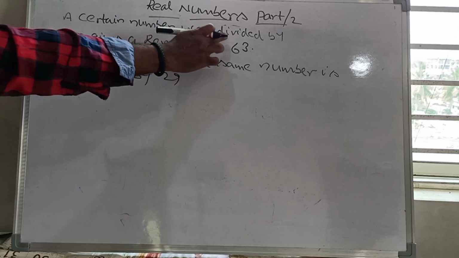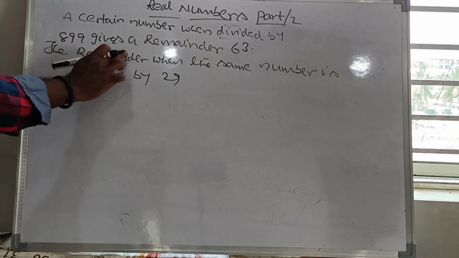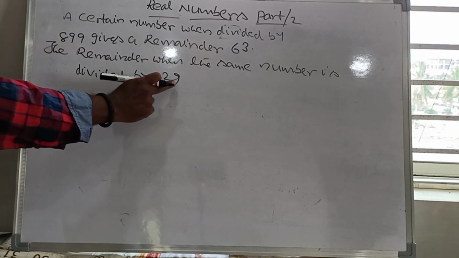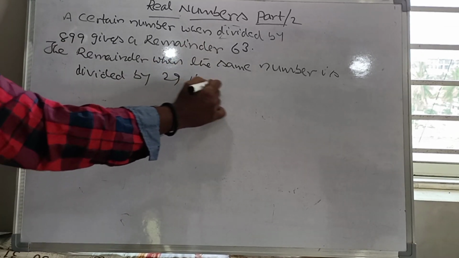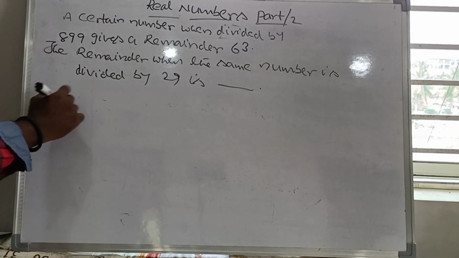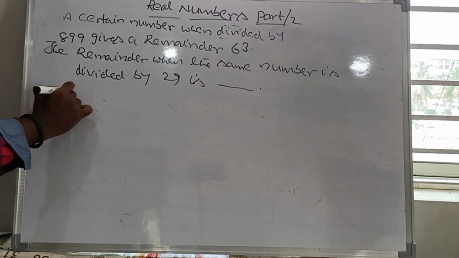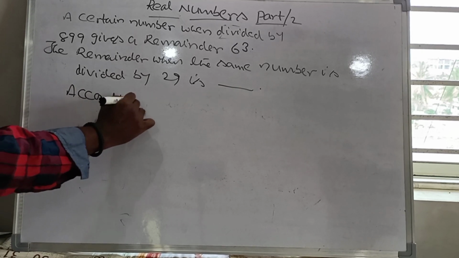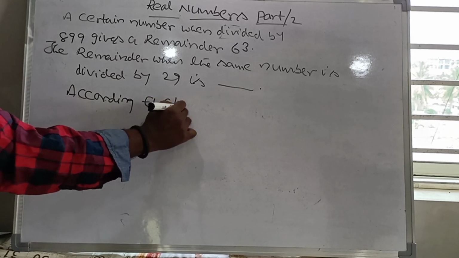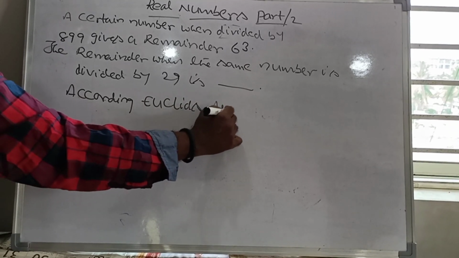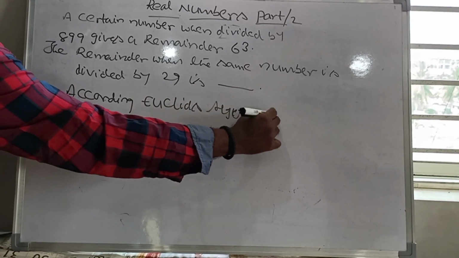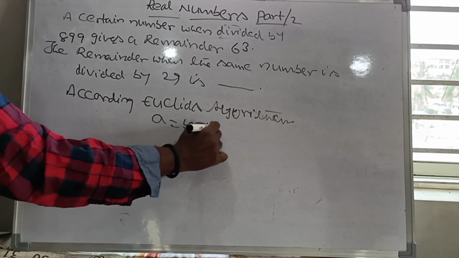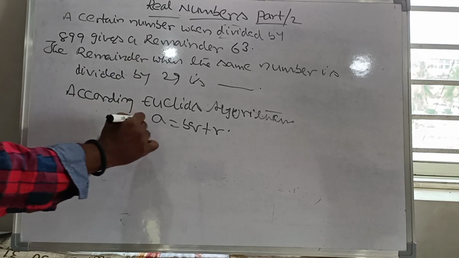A certain number when divided by 899 gives a remainder 63. What is the remainder when the same number is divided by 29? Here, according to Euclid's division algorithm, A is equal to BQ plus R. Using that algorithm, suppose the number is x.